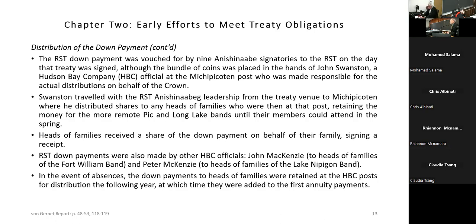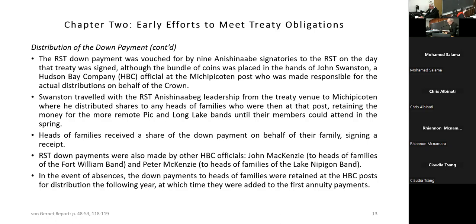So you just couldn't do these distributions all at once and in totality. So he retained whatever was left, particularly for the more remote bands, such as the Pic and the Long Lake First Nations, who could only attend the next spring anyway.